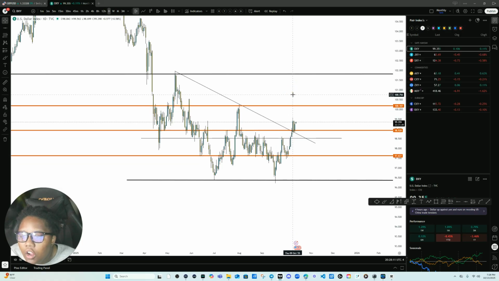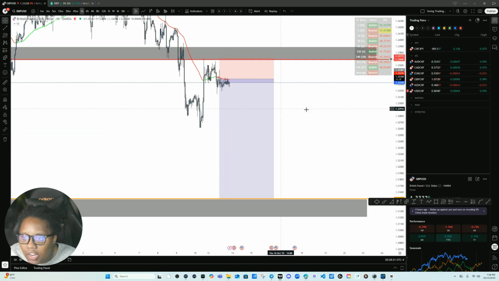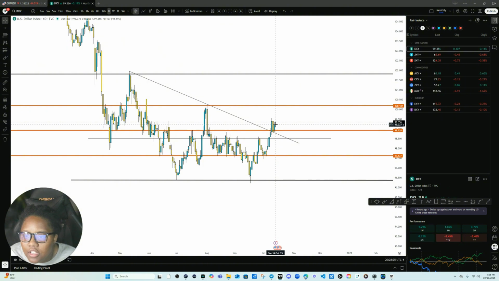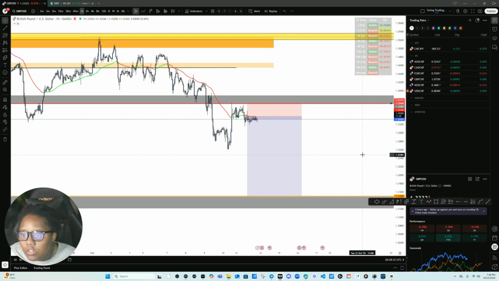So we are currently bullish, and I am looking for the DXY to reach 101.87. So this is another key basis of why I'm taking this trade when it comes to GPUSD. I do see us pushing up, very bullish on the DXY, causing this to drop as well. So this is my analysis so far for GPUSD.